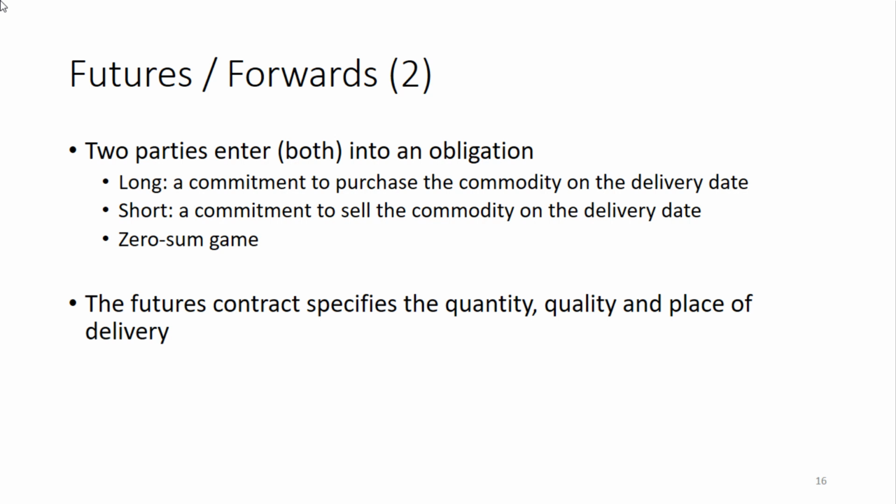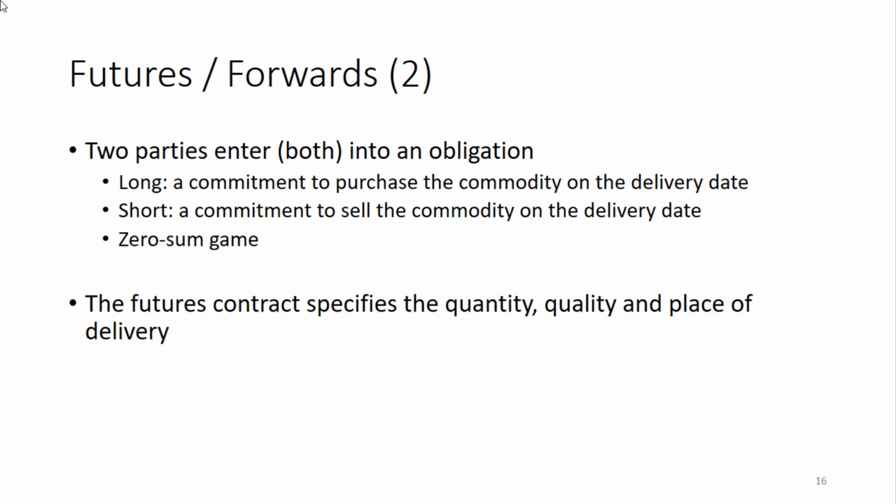If it had not entered into the contract, it could have sold at a value of 120, but now it can only sell at 100. So the value to this party is minus 20. Again, what the one party gains, the long position, the other party loses, the short position: 20 and minus 20. So in total, it's a zero-sum game.